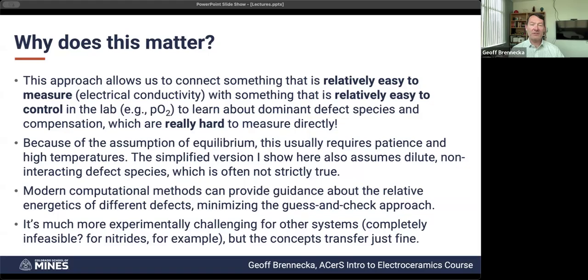And if you start changing things with defects, again, you're going to have all of the defect scenarios possible happening somewhere at some point, but some of those might be at really low concentrations and you can ignore them. It's going to be the majority species that are dominating. So hopefully that helps a little bit.